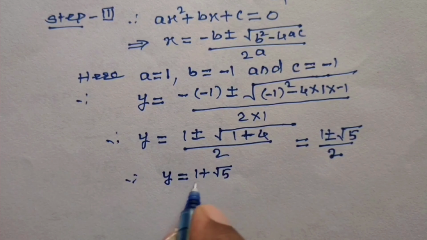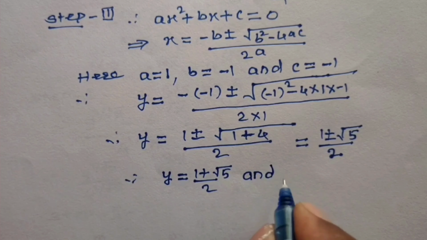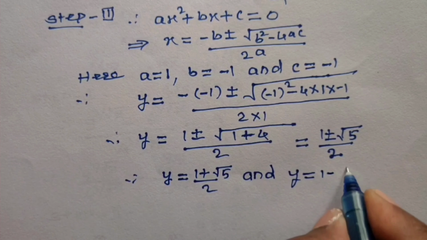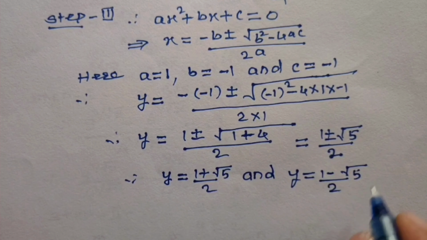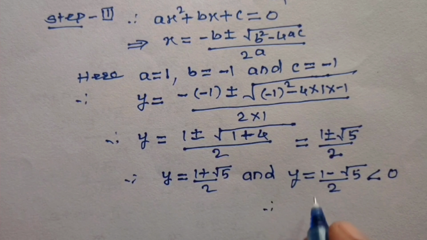One value is y is equal to (1 + root 5)/2, and the second value is y is equal to (1 − square root of 5)/2. But this (1 − square root of 5)/2 is less than 0.